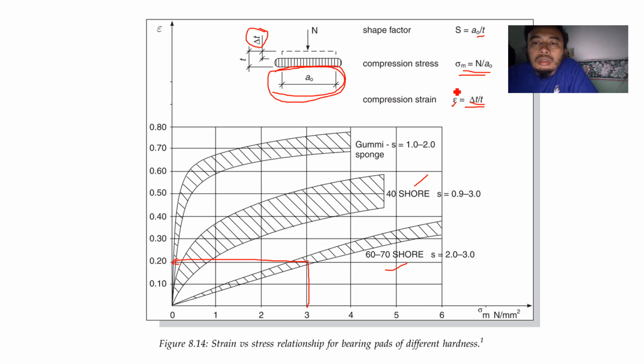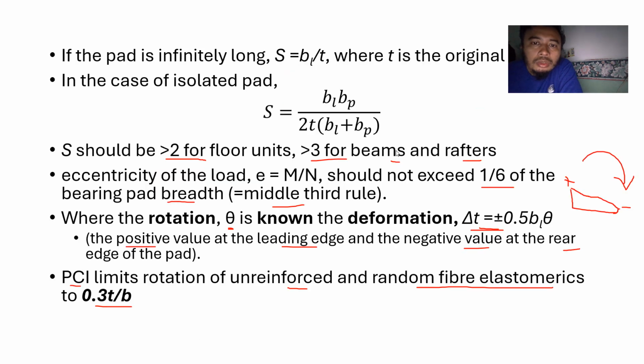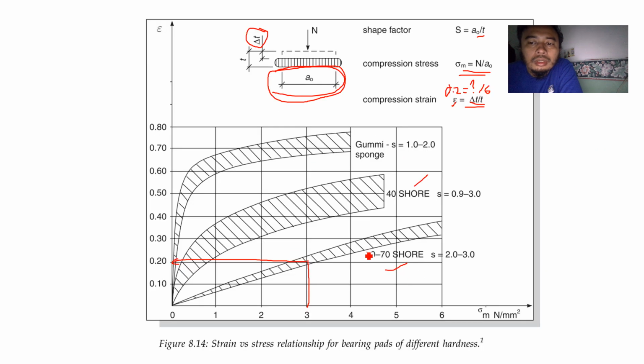And you get your 0.2 here based on your thickness. For example, your thickness is 6 mm, so you get this value delta theta. So you need to comply with the rotation and so on.